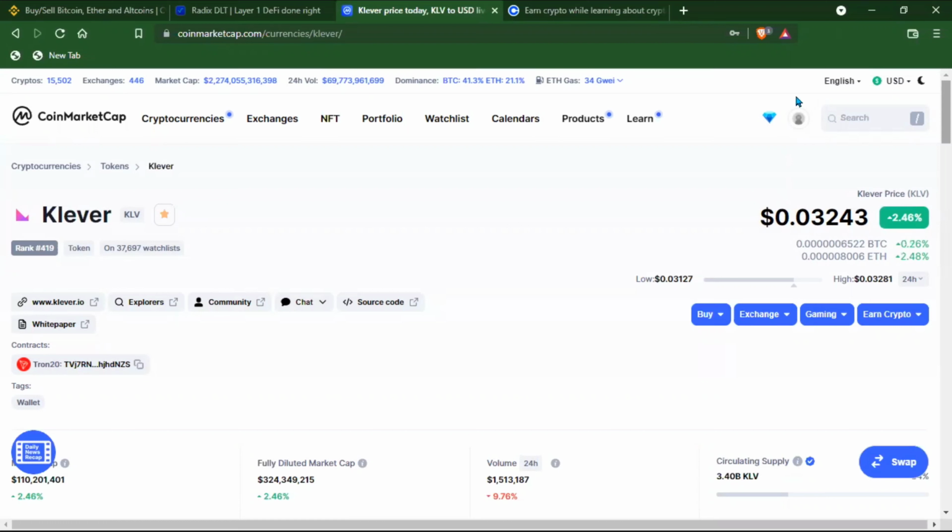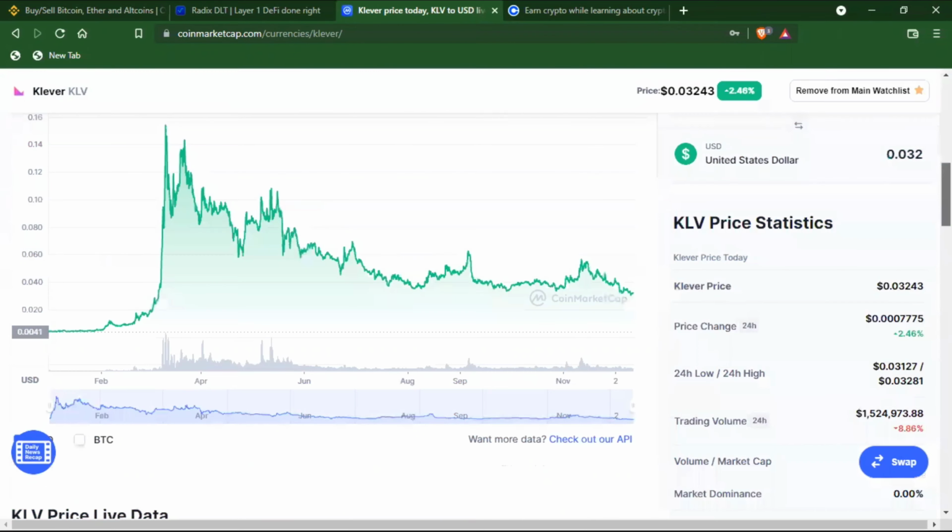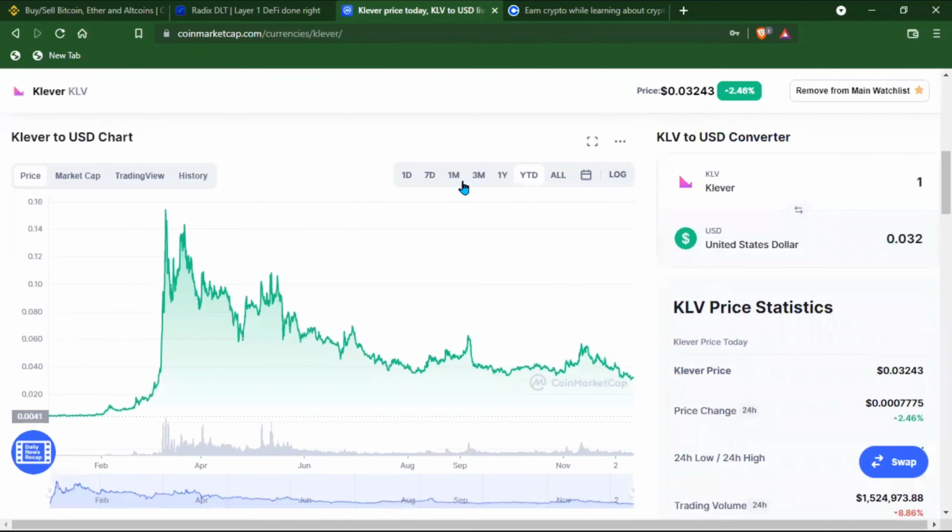So yeah, the first thing that I look at when doing my research is the number of people on the watch list, which in this case is 37,697 on CoinMarketCap. Then I look at the coin price on the right side, and the price chart, from 6 months to 1 year.